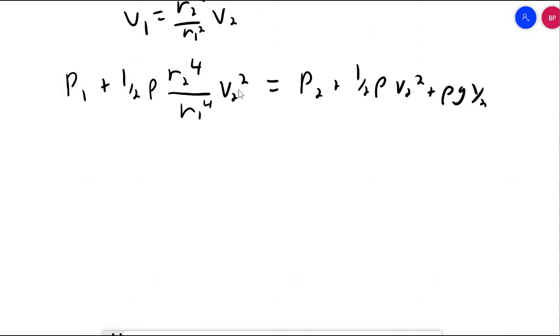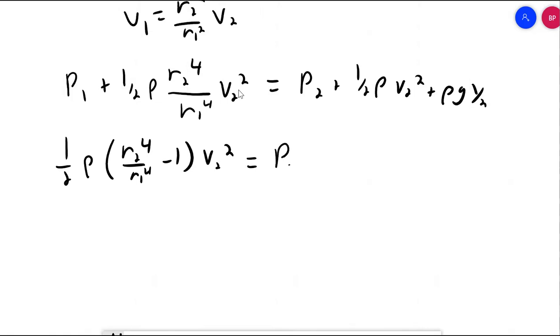So if we get V2 on one side and put everything else on the other side, then we have this. So I just kept this on this side, subtracting this to the other side. I'll put everything else on the other side. So we have this. So just factor the V2 out of this and this. Okay.